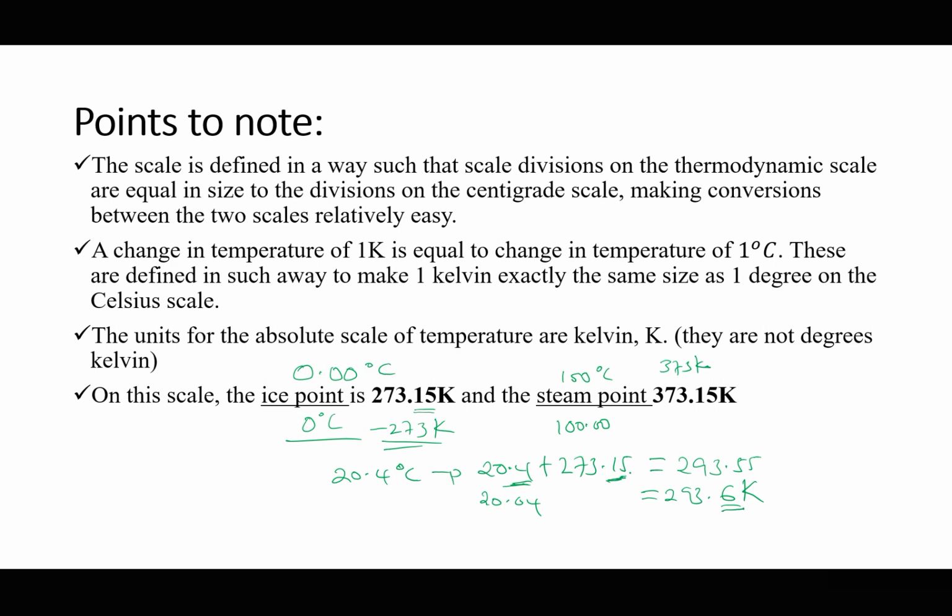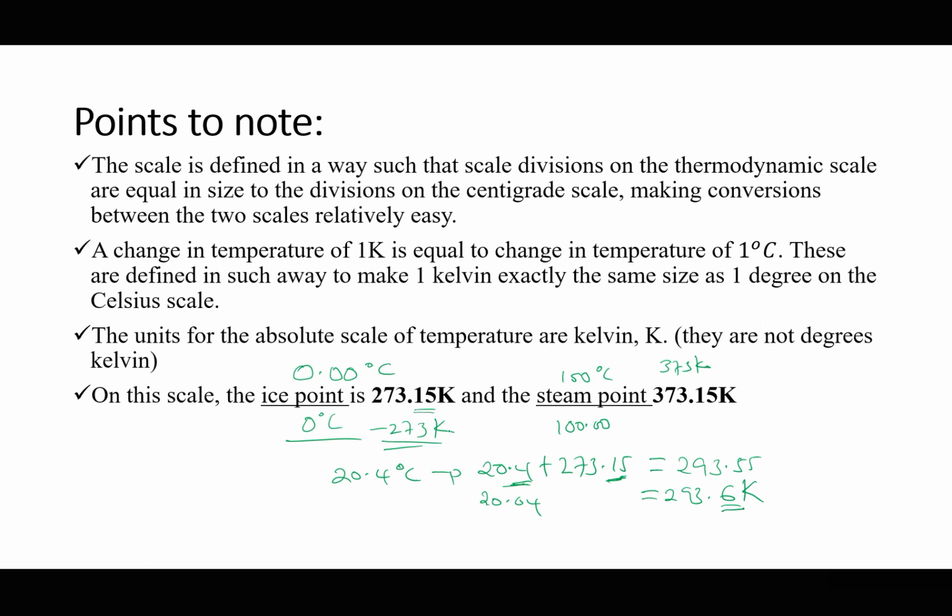Those who have ears must have listened, and those who have eyes must have seen. When the temperature is quoted as a whole number, when you are converting, remember to just use 273. When the temperature is quoted as a decimal number, then you use 273.15. But remember to round off to the exact number of decimal places as the value of temperature given.